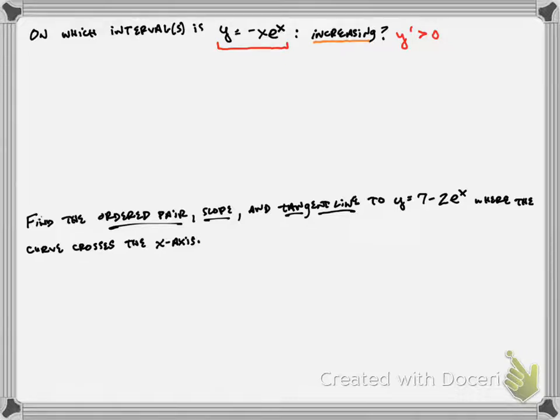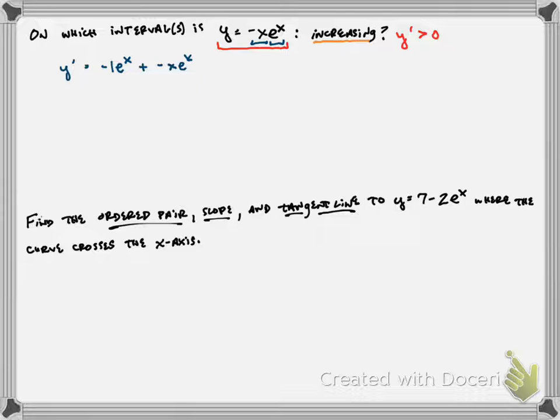So y prime is equal to negative 1 e to the x, because there's the derivative of the first times the second, so negative 1 e to the x plus negative x e to the x.